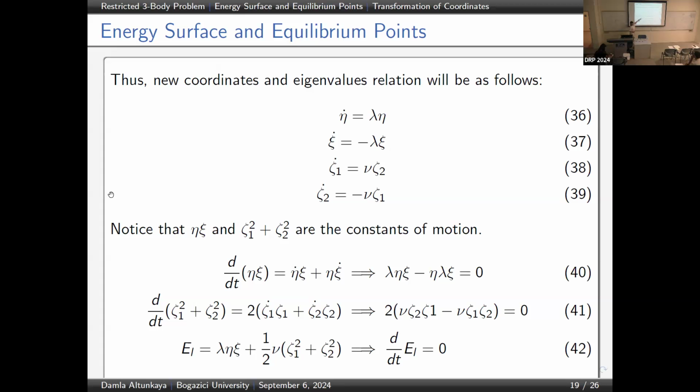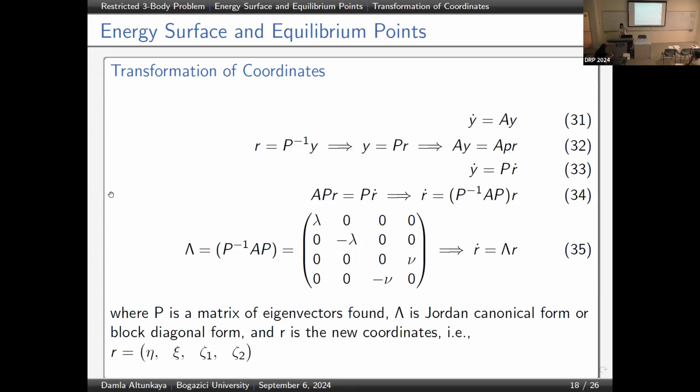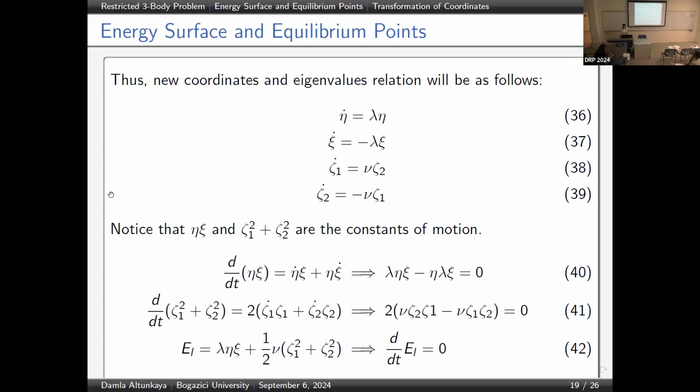Those equations come from this identity actually. You have to notice that eta c and zeta 1 squared plus zeta 2 squared will be my constants of motion. When you take the derivative with respect to time, actually you plug it into the Lagrange equation again, you will get 0 because it's constant.